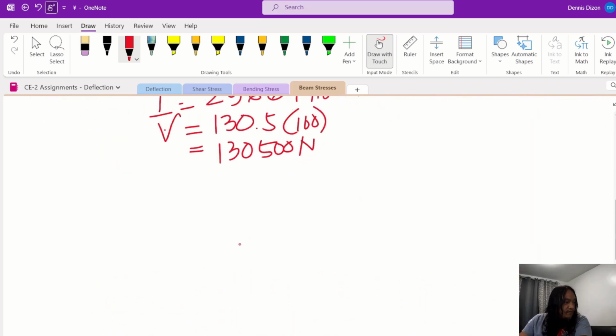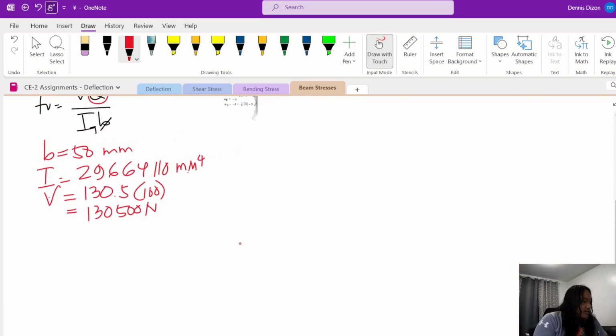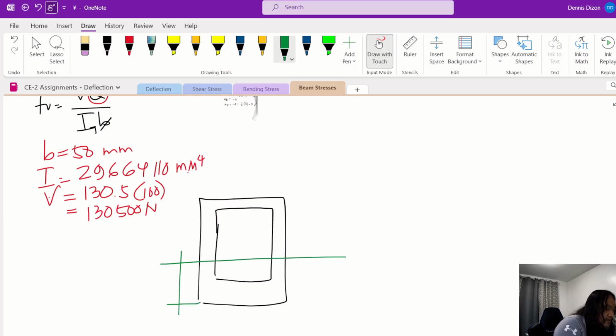So let's go back to our section. Our location of the neutral axis is right here, which is how much?